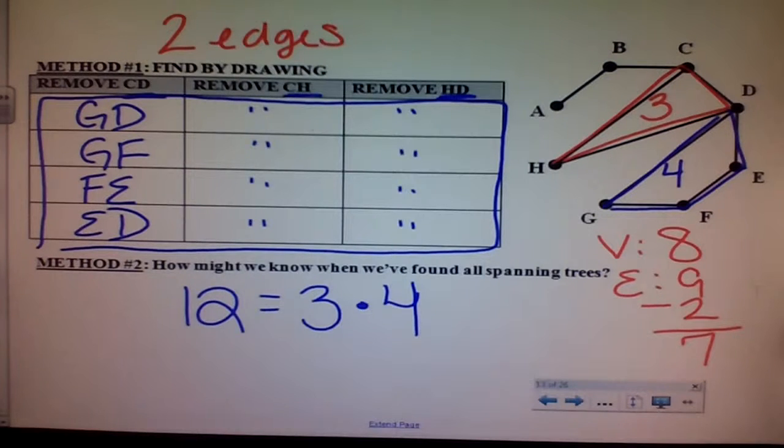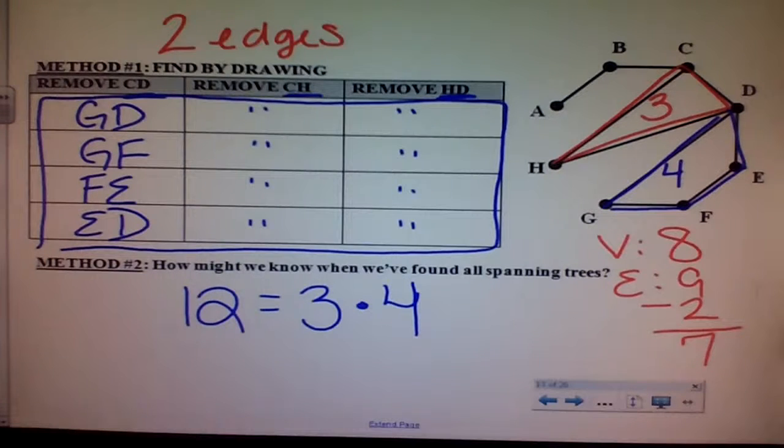Okay, so look at this one and look at the graph in your last example. What is the difference? They're connected by H and D. So, take a look at this picture right here.